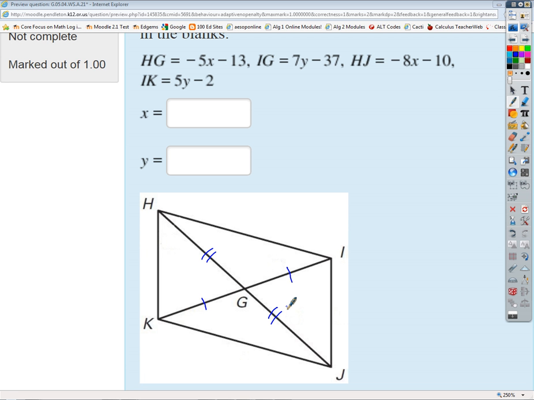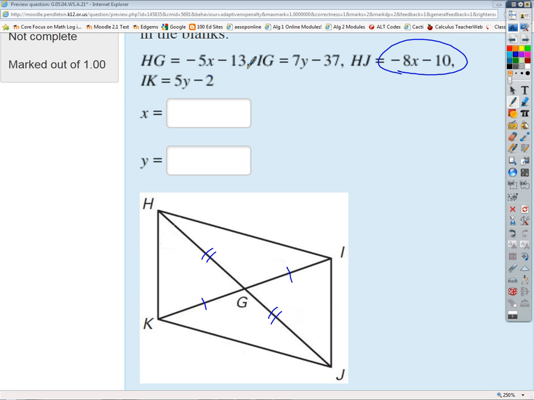So now I should be able to set up something where HG compared to HJ would have to be half, wouldn't it? Because if these are equal in length, then HG is only half as big as HJ. So we could set up a relationship where HJ is equal to 2 times HG.